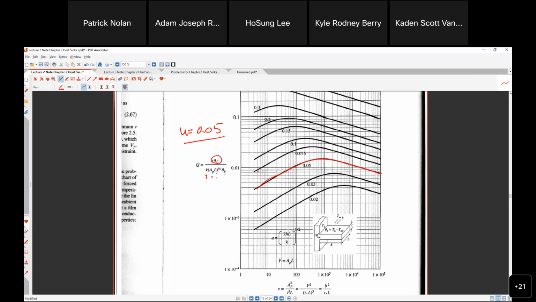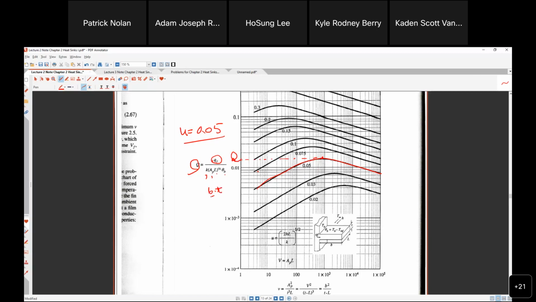So how can I find it? I think we look at the maximum here. So this is the Q. Once Q is known, then do you think you can, AP is BT?